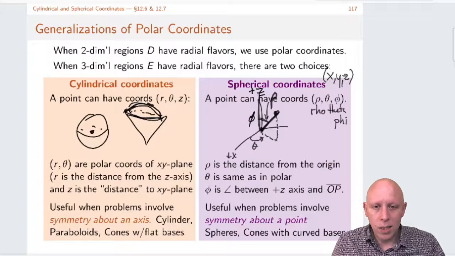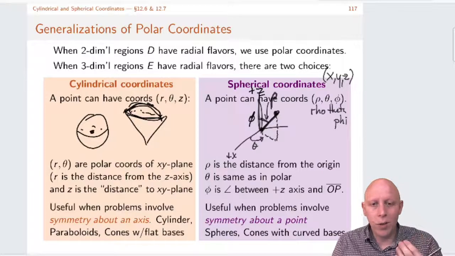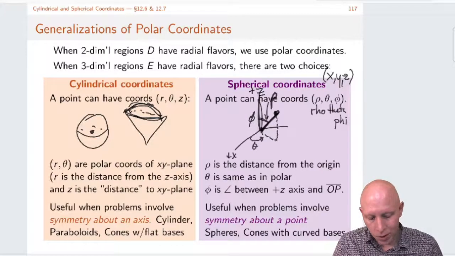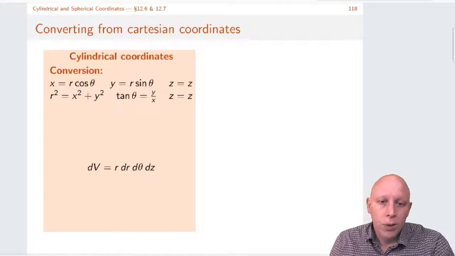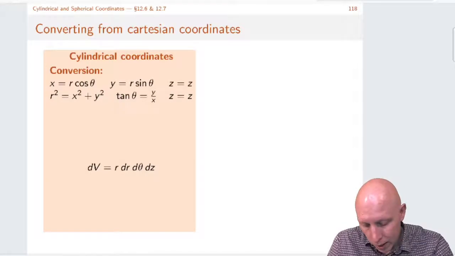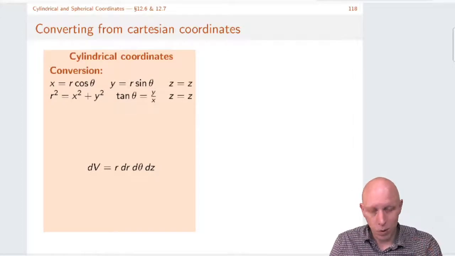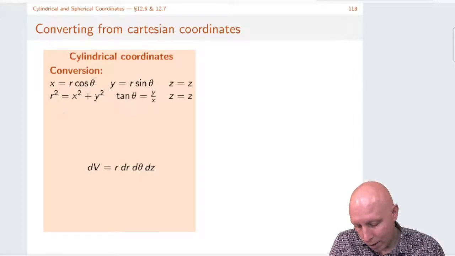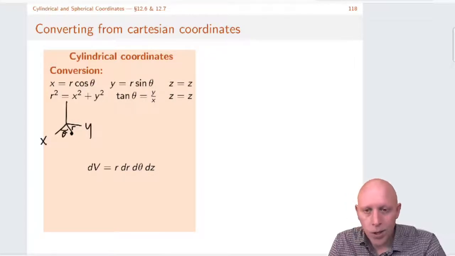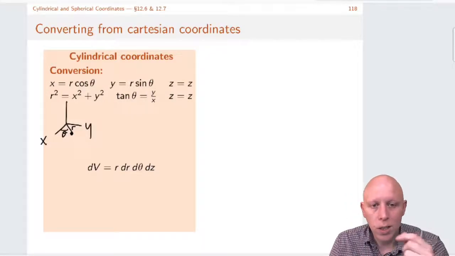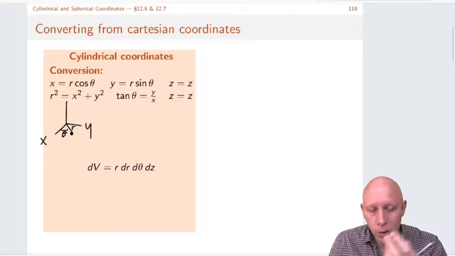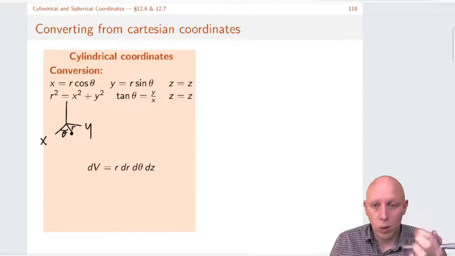All right, so let's get into the nitty-gritty about how you actually do that type of transformation. First with the cylindrical coordinates. This should feel comfortable. If we have r and theta on the xy plane, then we already have the conversions between Cartesian coordinates in 2 dimensions and polar coordinates.